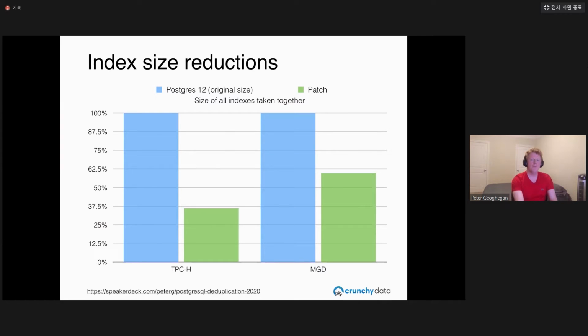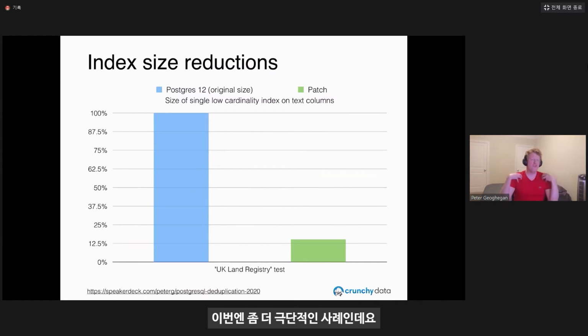Okay, so this is a more extreme example. This is an example that is very, very optimistic in the sense that you probably won't get such a big change, but it is possible. So this is not realistic, but it is an example of what's possible.